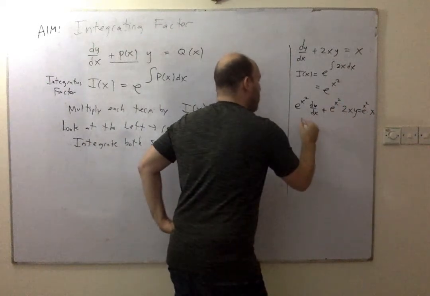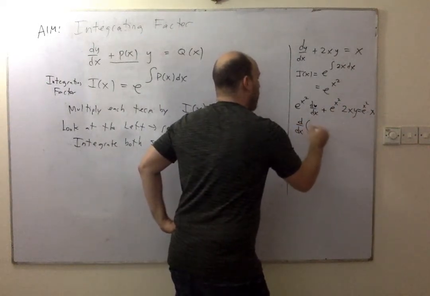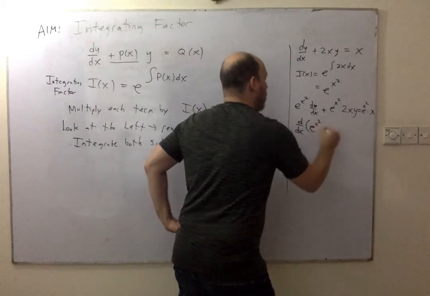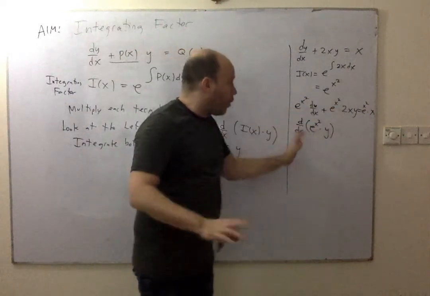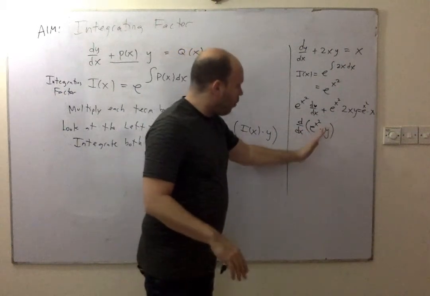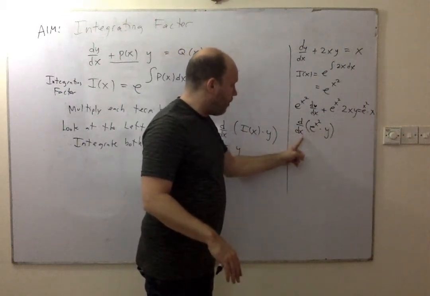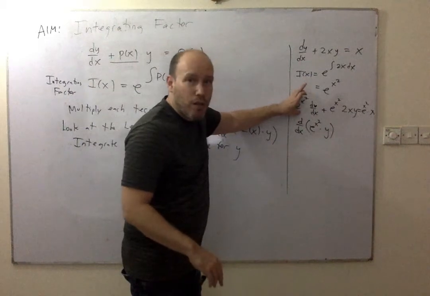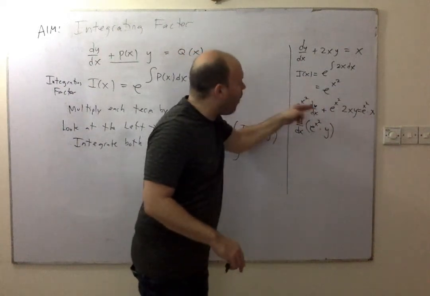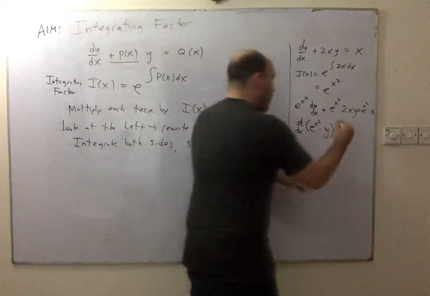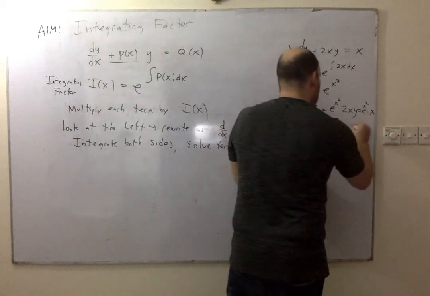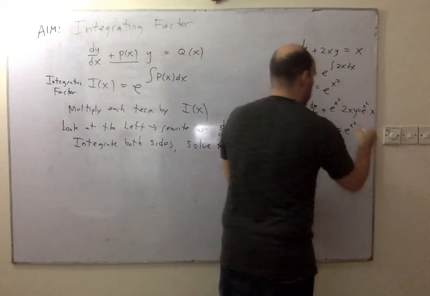So we notice it's d/dx of e^(x^2) times y. You can recognize that, or you can just say the rule is it becomes the derivative. It's like you're reversing this. You took the derivative of the integrating factor times y, and that's equal to e^(x^2) times x.